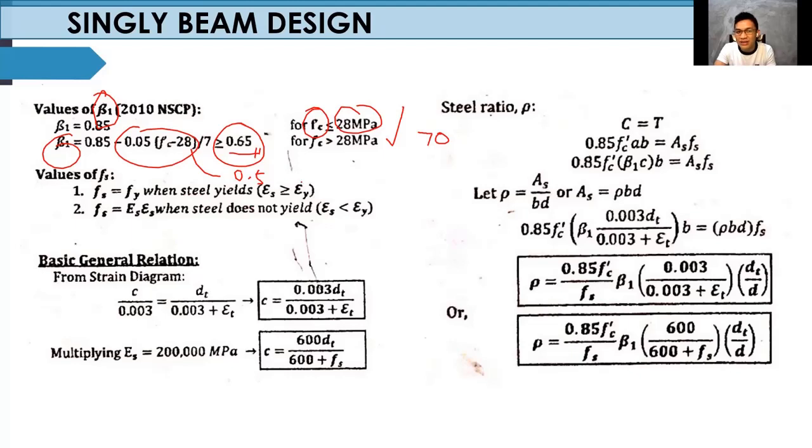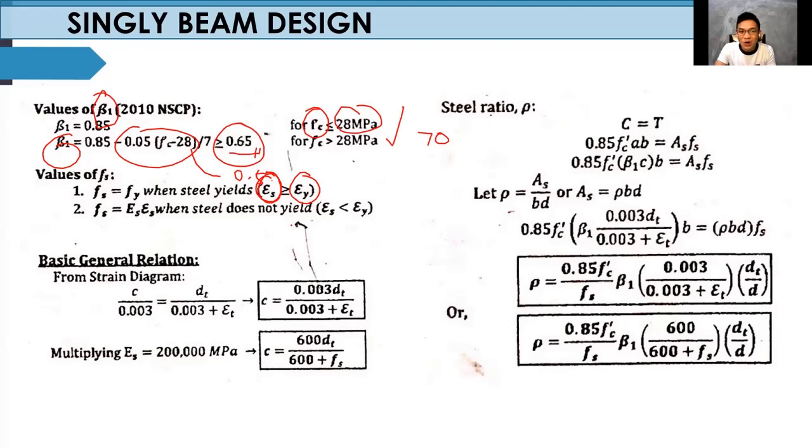So, therefore, if that is the case, yung strain natin ES is greater than yung strain ng ating bakal mismo, EY. Okay. So, therefore, still yields. Therefore, we can use our area of our reinforcing steel na.